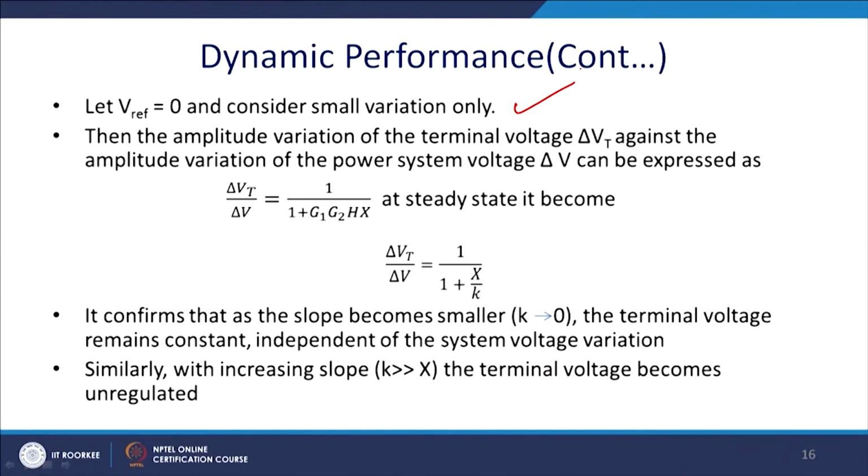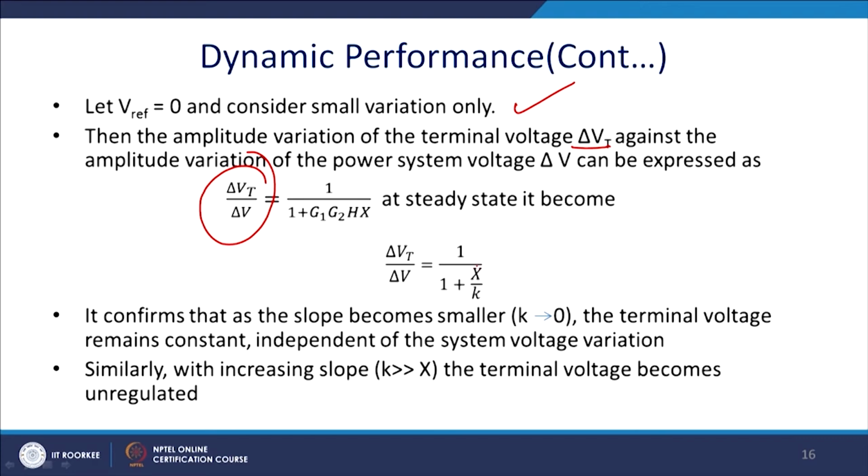Let us assume that Vref equal to 0 and consider the small variation only. So, then amplitude of the variation of the terminal voltage Vt against the amplitude variation of the power system delV can be expressed in this term. At the steady state, this becomes just 1 by 1 plus x by k.